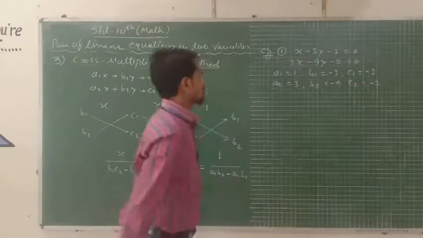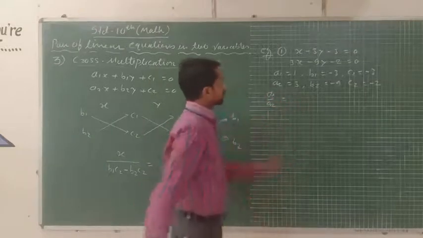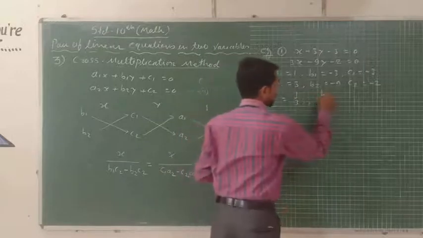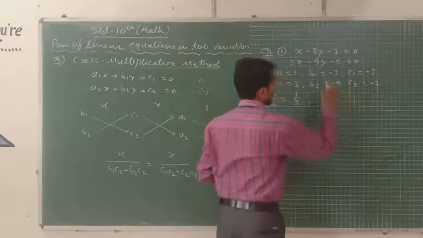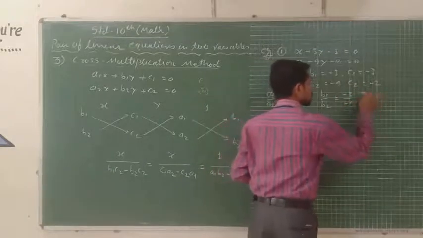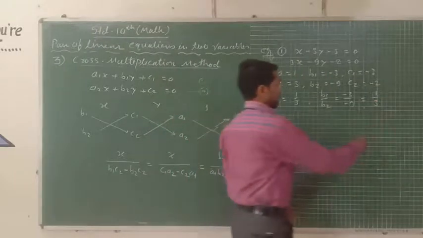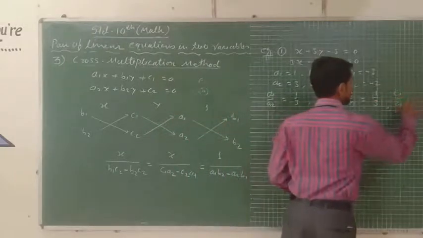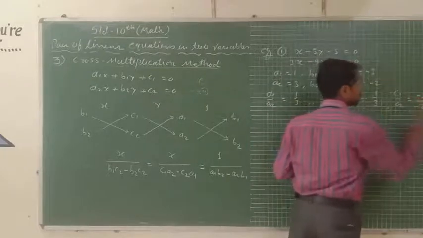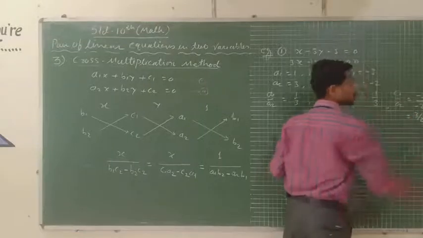Now compare the ratios. a1 by a2 is 1 by 3. b1 by b2 is -3 by -9, which is 3 by 9, that is 1 by 3. Then c1 by c2 is -3 by -2, which is equal to 3 by 2.